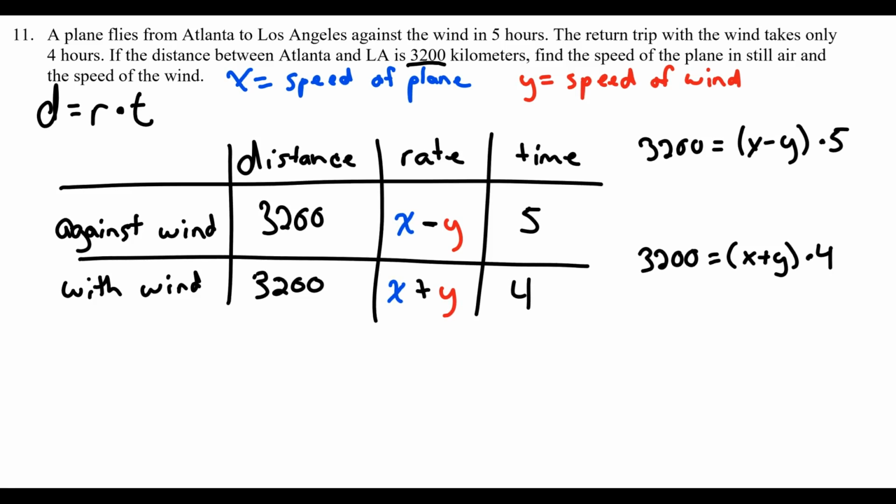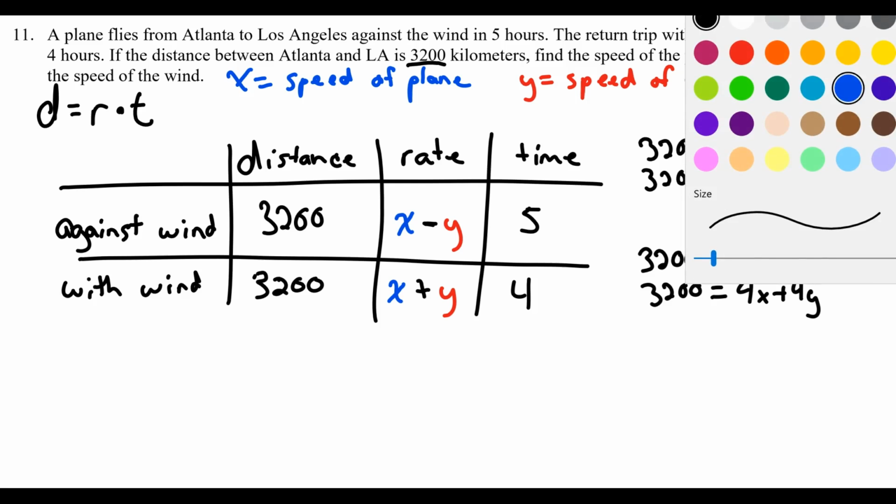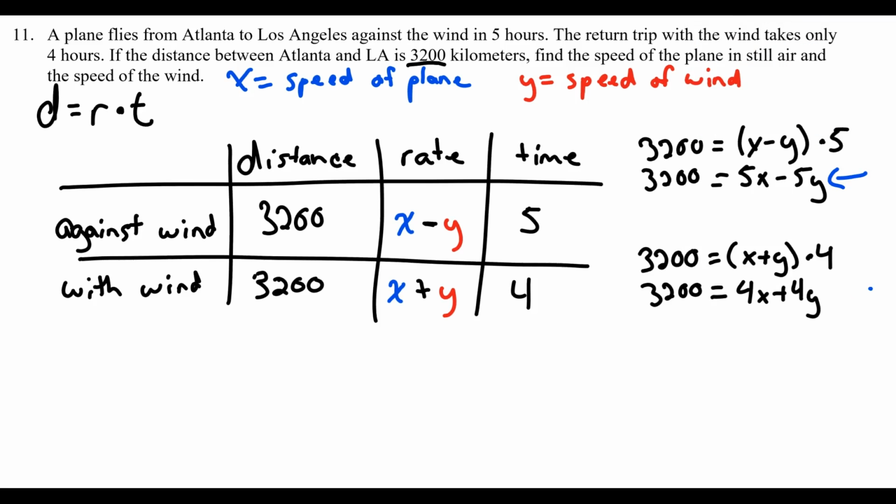Okay? Distribute your 5 here, and you get 5x minus 5y is equal to 3,200. Here, we get 4x plus 4y is equal to 3,200. We have these two equations right here, and we're trying to solve for x and y.